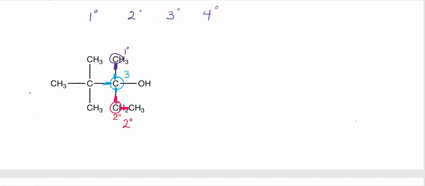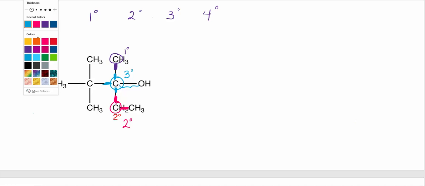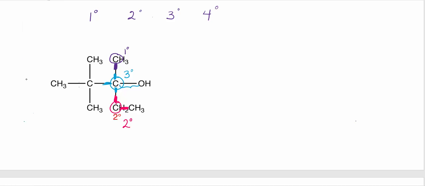So that is a tertiary carbon. Now there is a carbon-heteroatom bond here that doesn't factor into the order of this carbon. Now we can also have what are called quaternary carbons. And a quaternary carbon, I'm going to use green, will have 4 carbon-carbon bonds. A quaternary carbon does not have a hydrogen bonded to it because it has 4 carbon-carbon bonds.